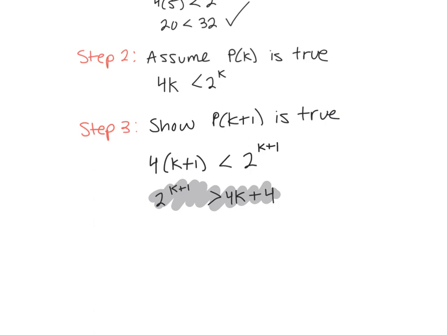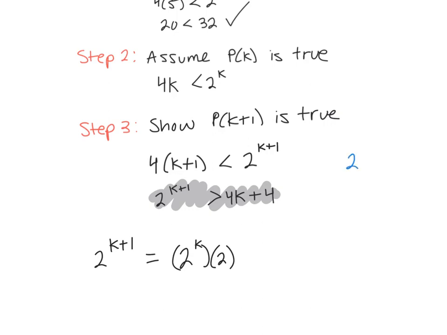So we can start with the statement, we can take 2 to the power of k plus 1, and we can actually rewrite that as 2 to the power of k times 2. Right, and this is a valid statement because whenever you are adding exponents, you're really just multiplying another power in.